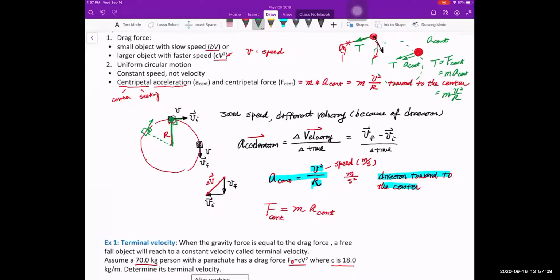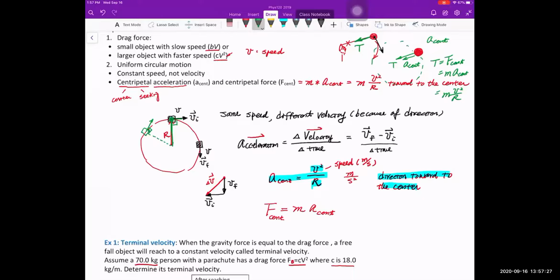Okay. Now, let's say you have the string tied to a bow and you swing it. If you swing it too slow, what happens?